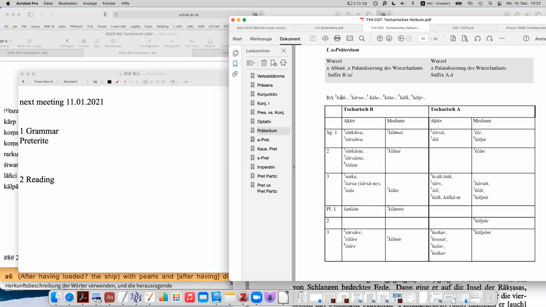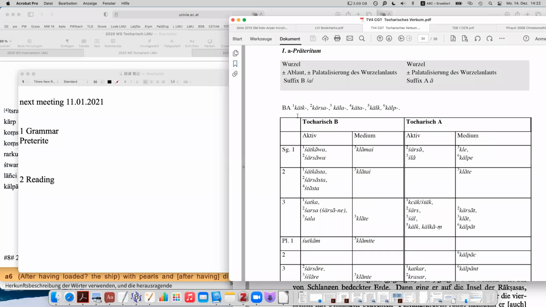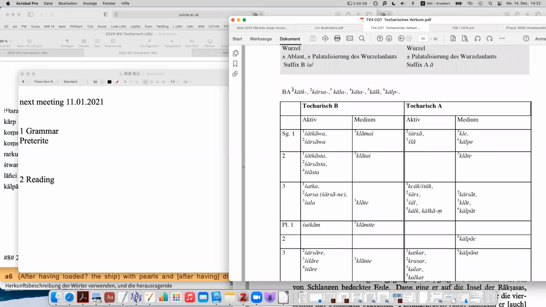For example, for the first one, kutk. You find the numbers here, right? The word kutk means to cross over. In B, the preterite reads shutkawa. Let's see what happened here.